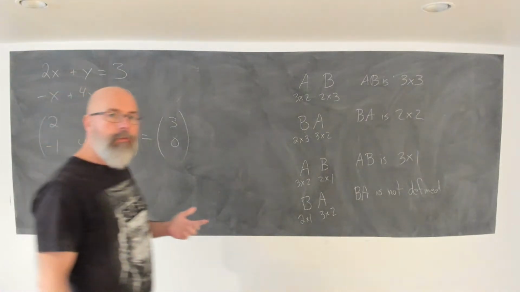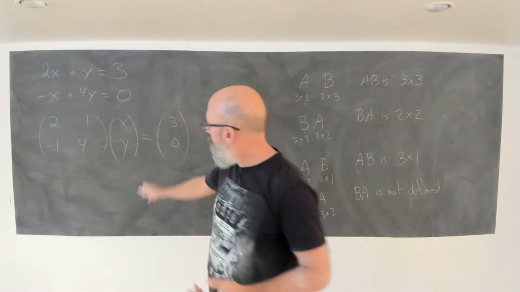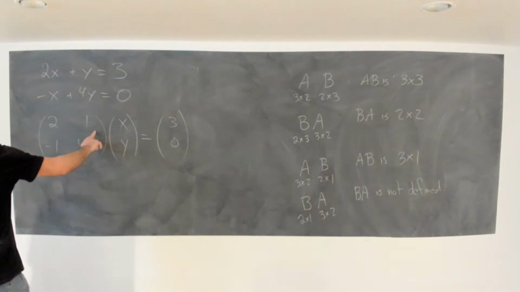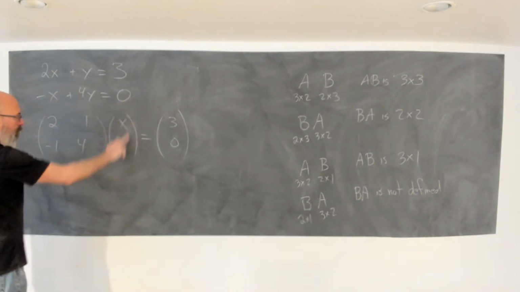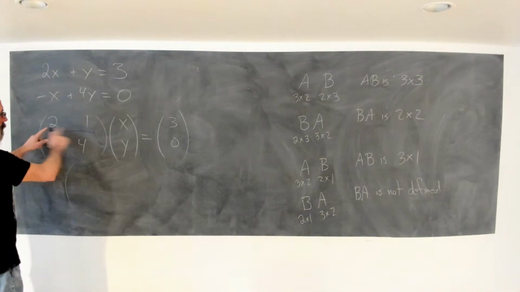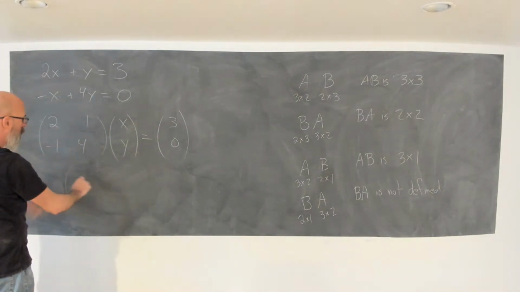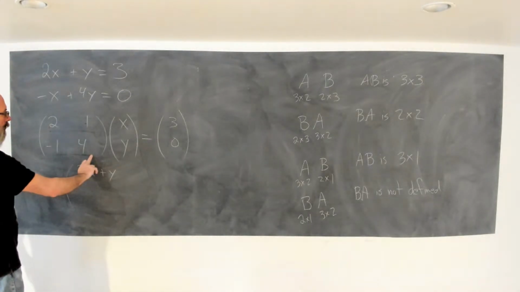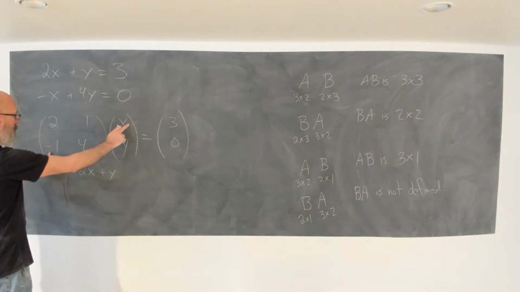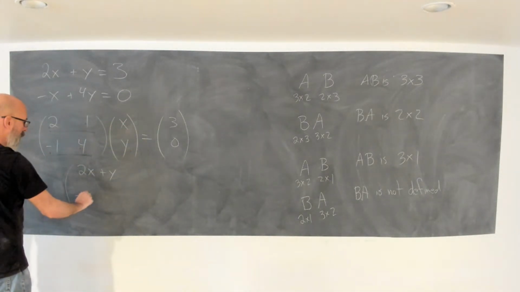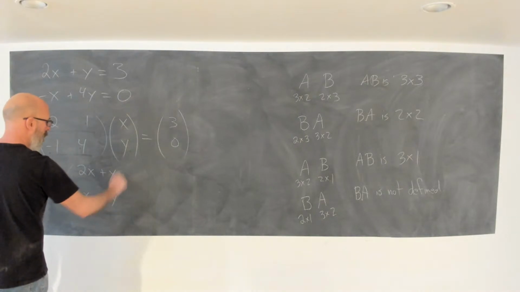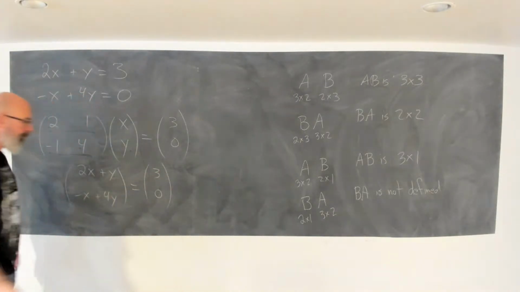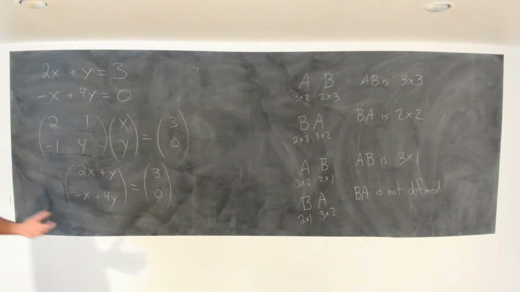Let's convince ourselves. Do this multiplication on the left here. What does this mean? First equation, first row times first column. This means 2x plus 1y. Second row, first column, minus x plus 4y. And what are we saying here?